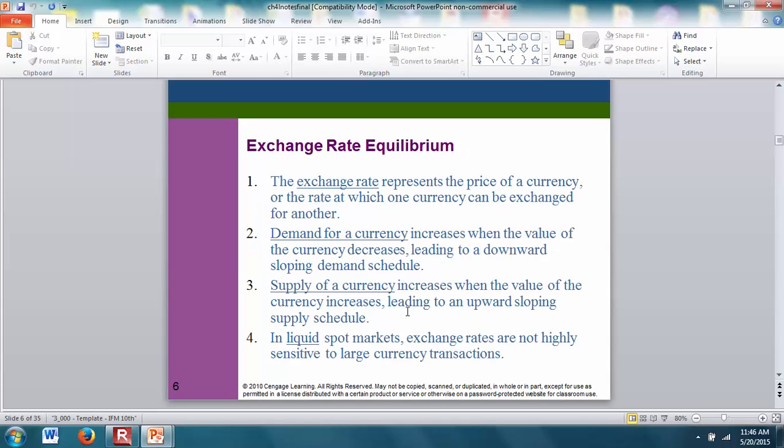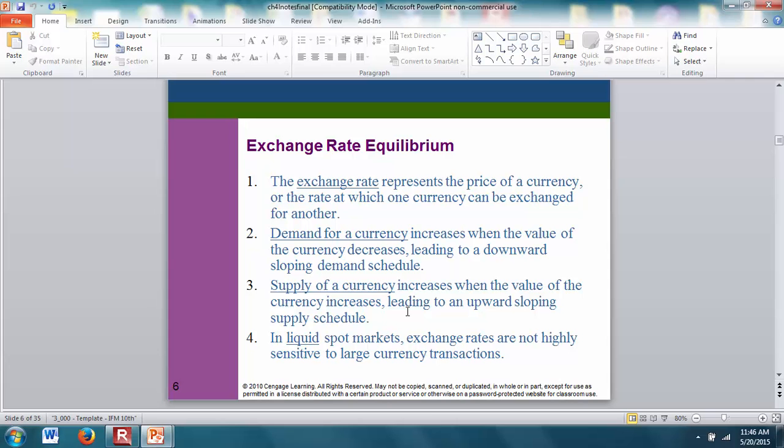Now what about the exchange rate equilibrium? Just like anything else, the exchange rate is determined by the demand and supply of the currency. Demand for a currency increases when the value of the currency decreases, leading to a downward sloping demand schedule.